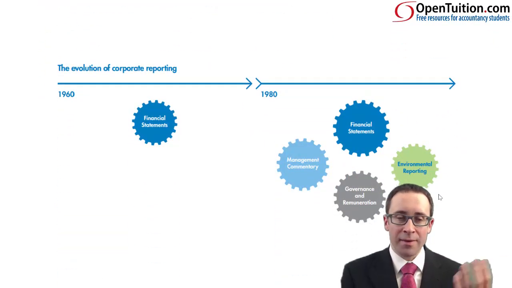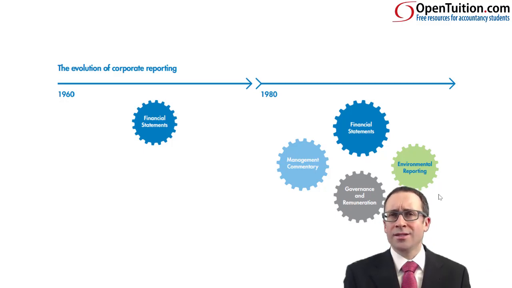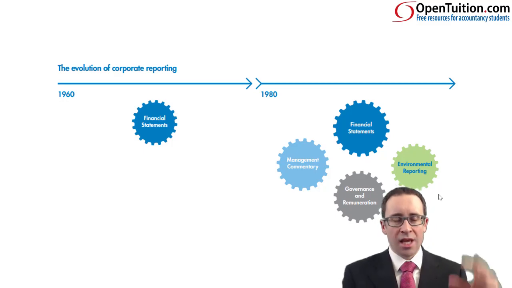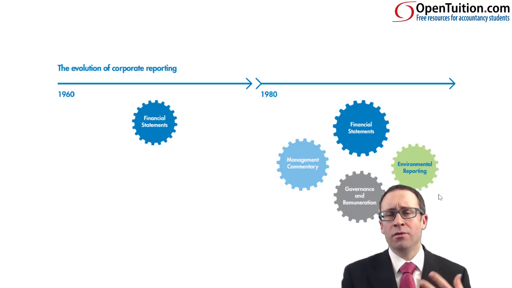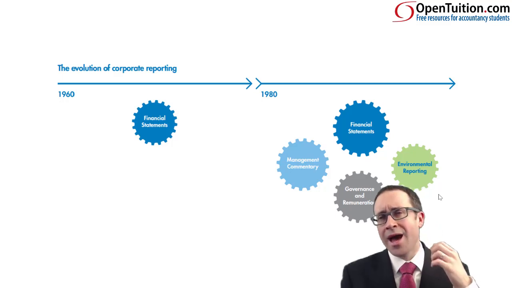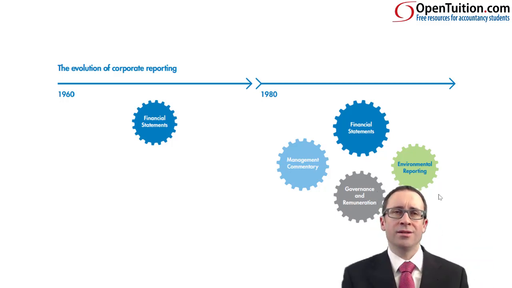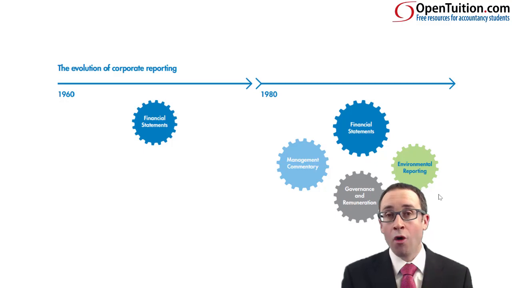If you think about it, back in the 60s, we just used to have the financial statements. It was all very much numerical, wasn't it? But that just focused on the financial position and performance of a business. And as time evolved, investors and stakeholders wanted to know a bit more about the business.